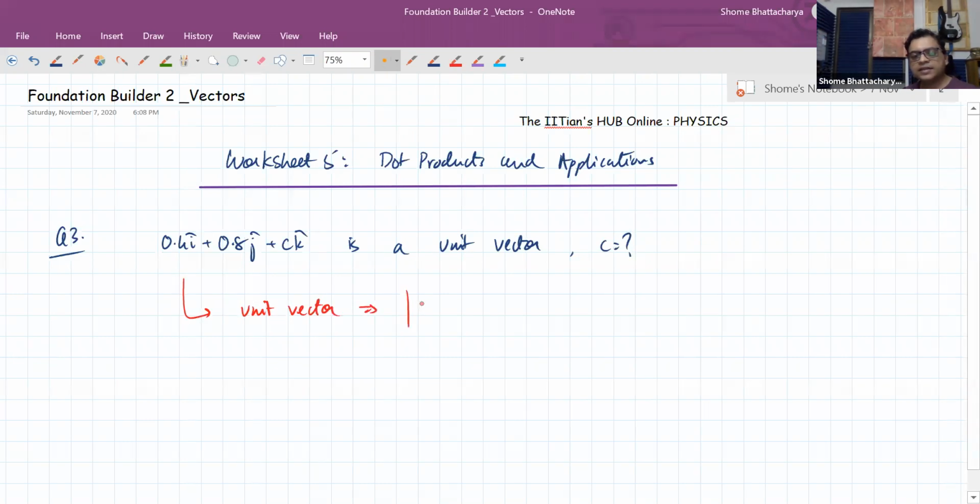that would imply that its magnitude is 1. So this magnitude should be 1. So square root of 0.4 square plus 0.8 square plus c square should be 1. So now square both sides.